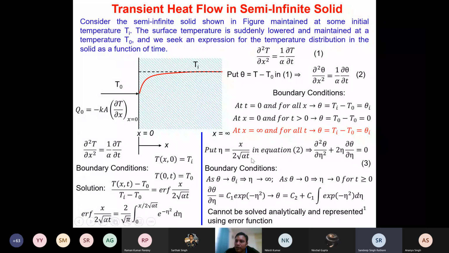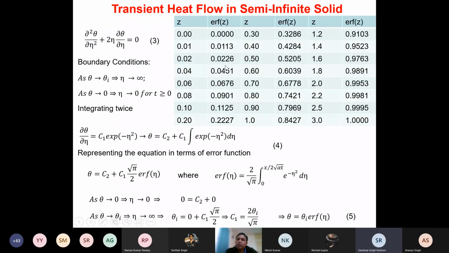We can calculate eta because in general the question is asked at what x value, the x value is given, isn't it? The width is given, and then the question is what will be the temperature at that particular x. So for the given value of x, we can calculate eta, check that eta value here and find the corresponding value of the error function.